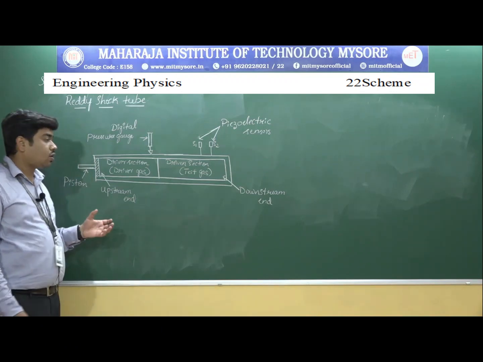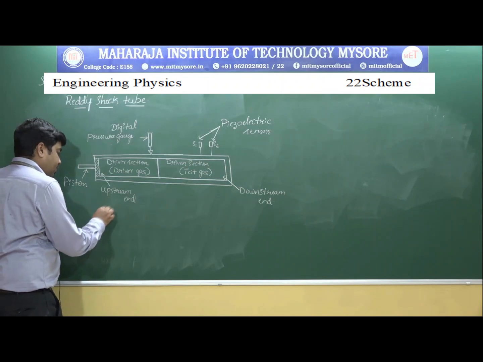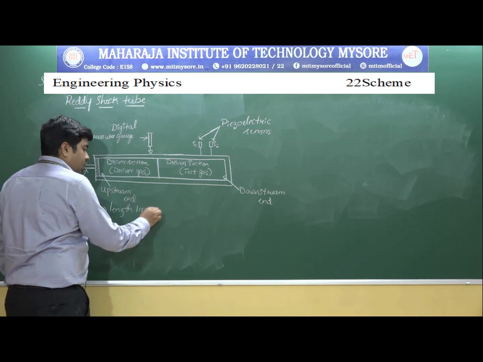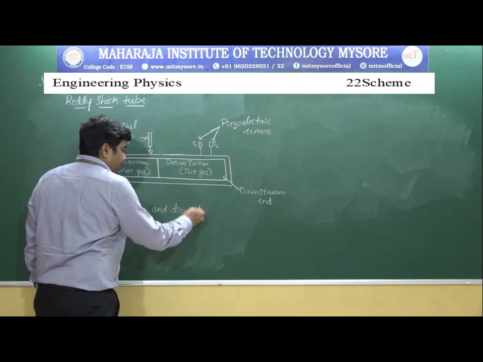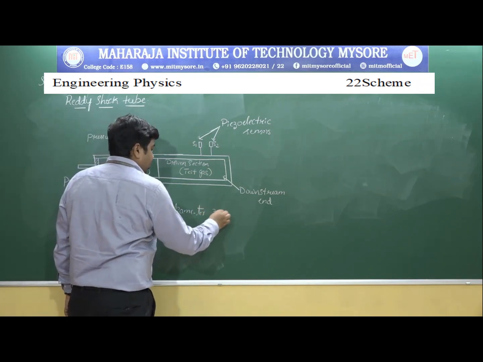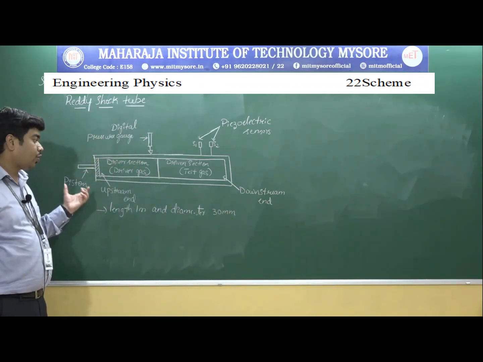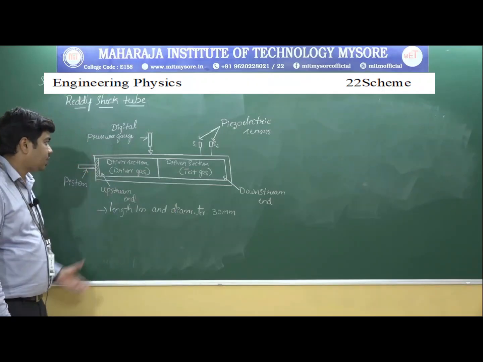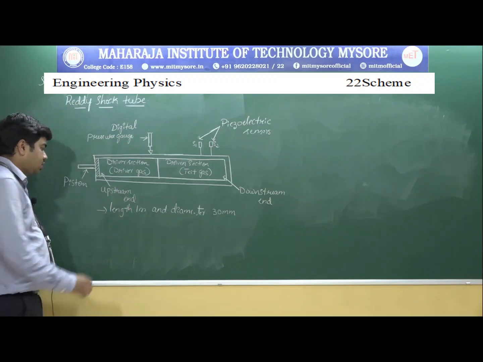Reddy shock tube consists of a cylindrical steel tube of length 1 meter and diameter 30 millimeter. It is a cylindrical steel tube which has a length of 1 meter and diameter of 30 millimeter. The whole cylindrical steel tube is divided into two sections.